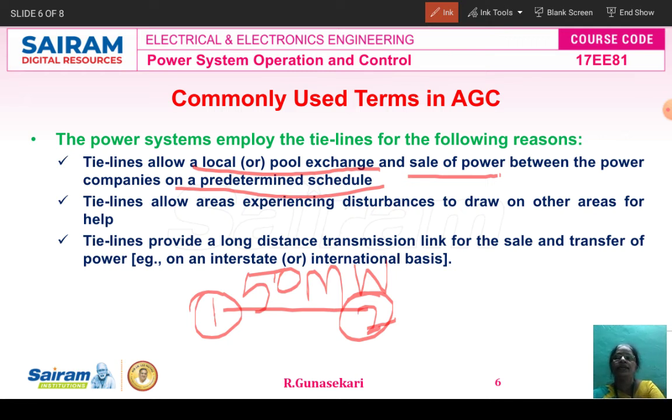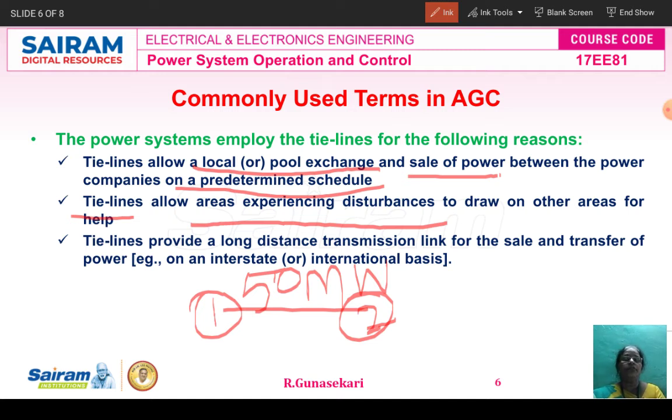Next, the tie line allows an area experiencing disturbances to be helped. Disturbances mean short circuit fault, open circuit fault, earth fault, or the security limits of the parameters being varied or violated, which is also a disturbance. So therefore the other areas help.